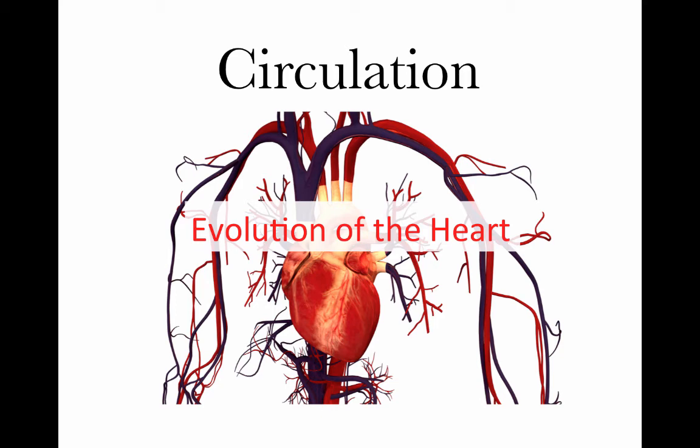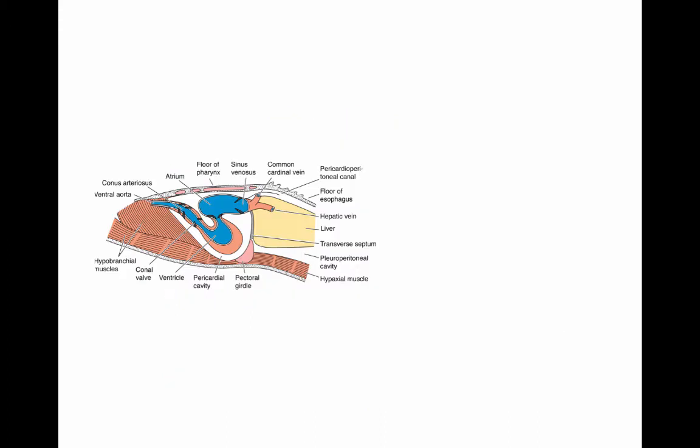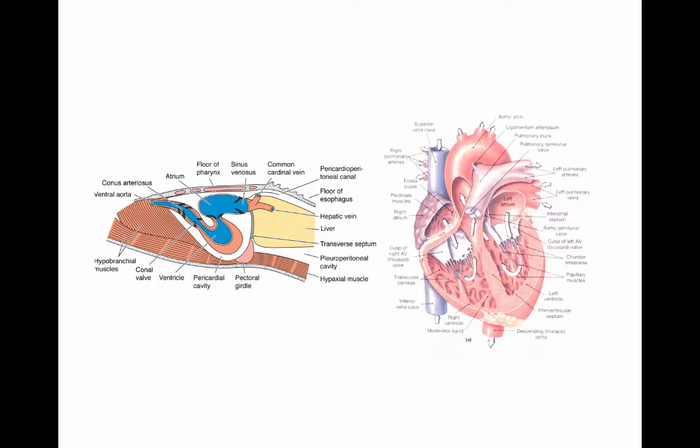At this point, we've now taken a look at the structure and function and evolution of the different vessels in the circulatory system. In this web lecture, we're going to take a look at the evolution of the heart itself and the structure of the heart. So we've already seen the structure of a typical fish heart, this kind of flow-through four-chambered heart.